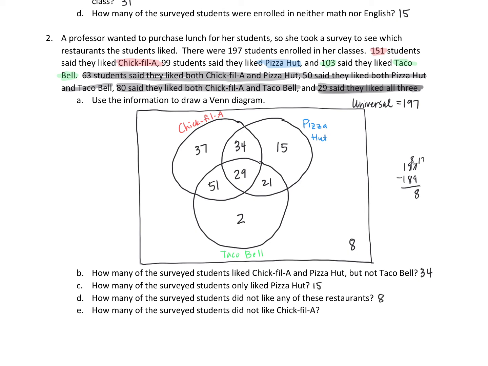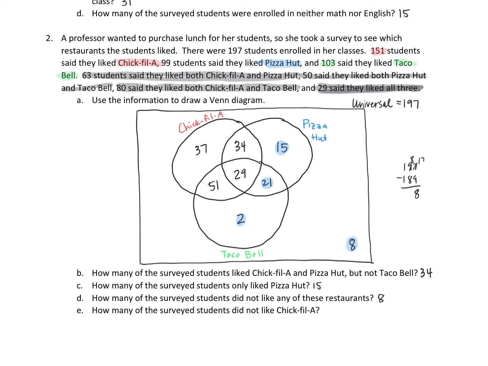How many of the surveyed students did not like Chick-fil-A? So that's all of the numbers that are not in the Chick-fil-A circle. So that would include this 15, that's not in Chick-fil-A. 21 is not in the Chick-fil-A circle. 2 is not in the Chick-fil-A circle. And then the most common mistake made here is that people forget to add in that 8.